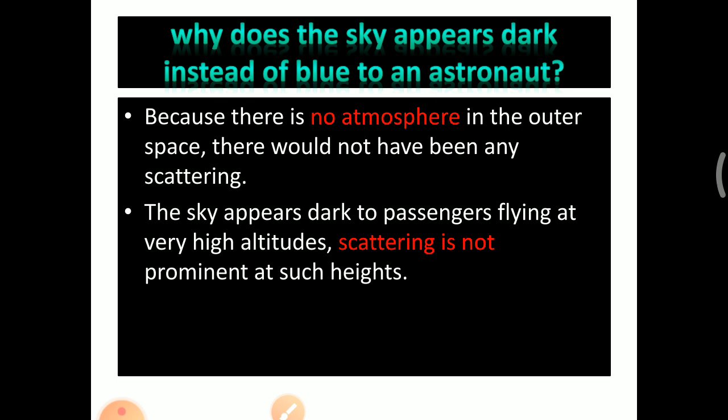If there is no particles means there is no scattering of light taken place. So that the sky appears dark, that means black to astronaut instead of blue. The sky appears dark to passengers flying at a very high altitude. Scattering is not prominent at such heights.